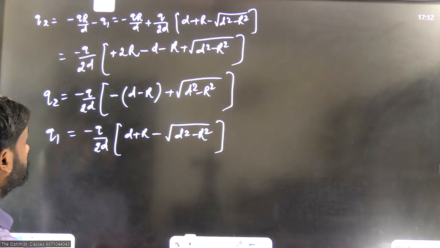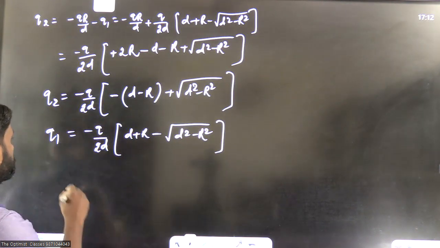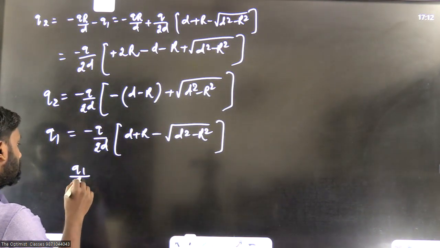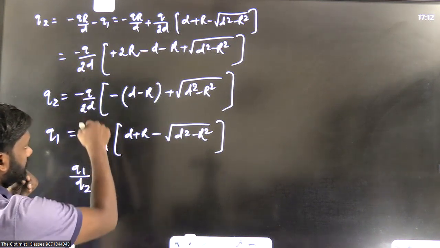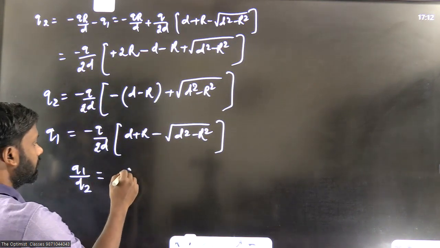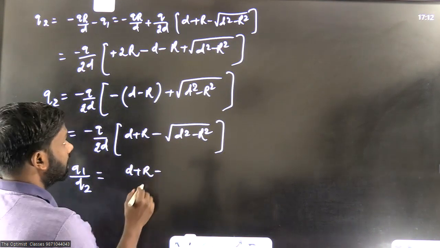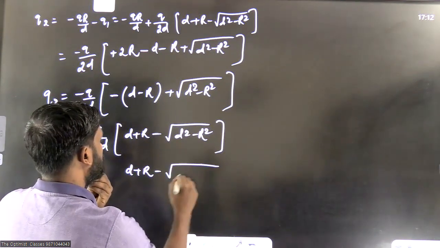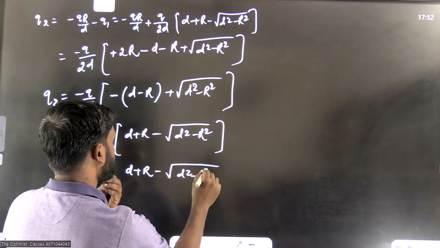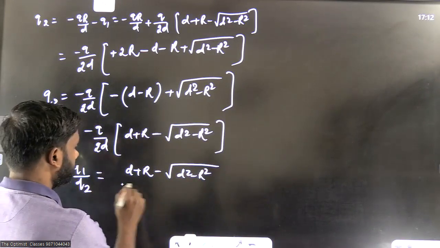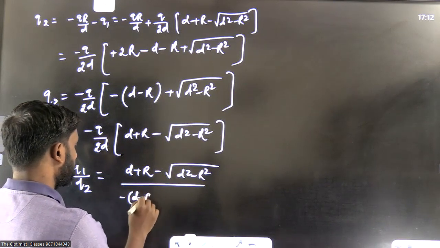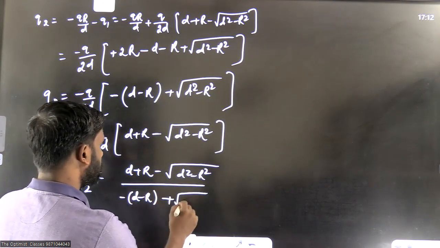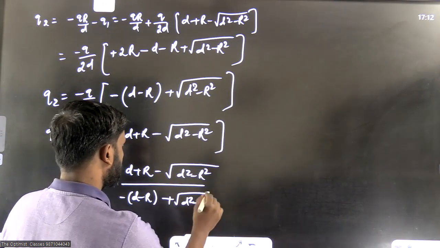Now we can divide the two. We have to calculate Q1 divided by Q2. When you divide the two, these factors will cancel out. You will get D plus R and minus root under D square minus R square, and here minus D minus R and plus root under D square minus R square.